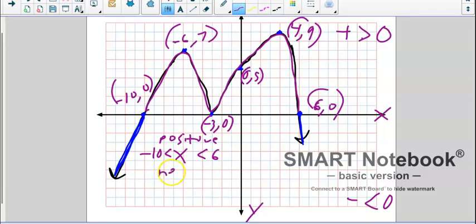And where is it negative? From negative 10 onwards to the left, so when x is less than negative 10, and when x is greater than positive 6, because they're going to continue going left and right.